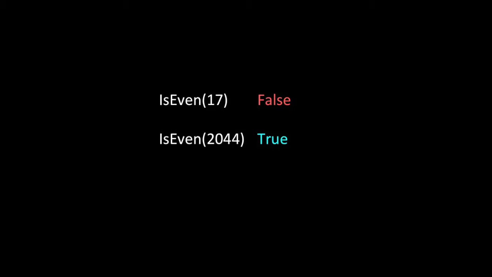That's not going to be the test for equality operator in Java, so be careful there. Now, for example, if I say something like isEven of 17, that should return false, and isEven of 2044 will return true.